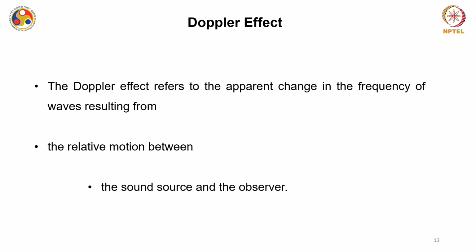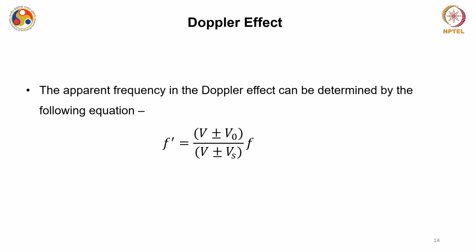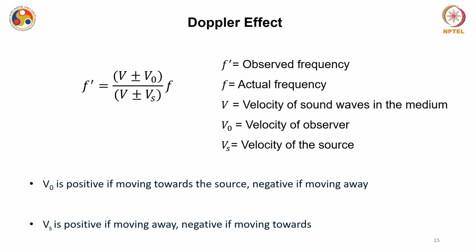The Doppler effect refers to the apparent change in the frequency of a wave which results from the relative motion between the source of the sound and the observer who is observing this sound. The apparent frequency in the Doppler effect can be determined by the equation: the observed frequency is equal to the actual frequency times (v plus or minus v naught) divided by (v plus or minus vs).